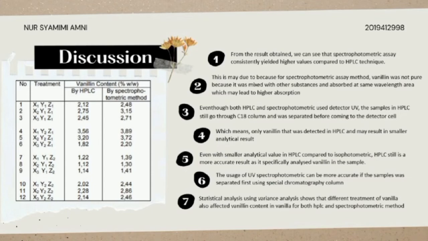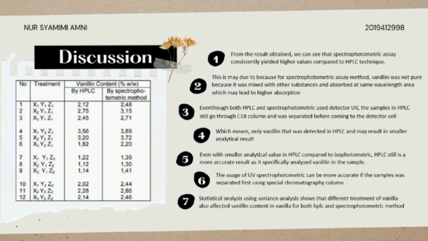Even with a smaller analytical value in HPLC compared to spectrophotometric, HPLC is still a more accurate result as it specifically analyzed vanillin in the sample. The usage of UV spectrophotometric can be more accurate if the samples were separated first using a special chromatography column.